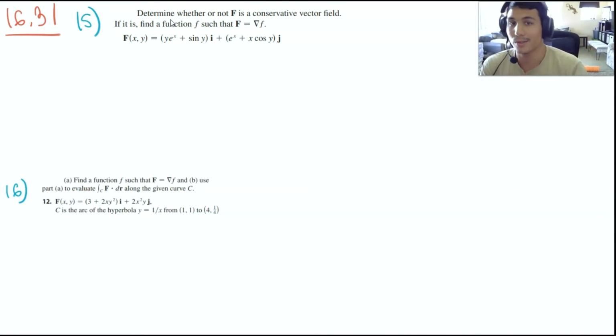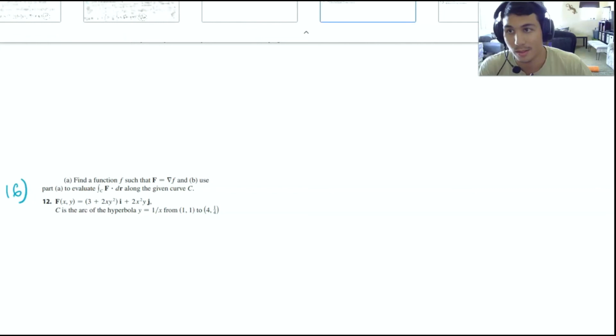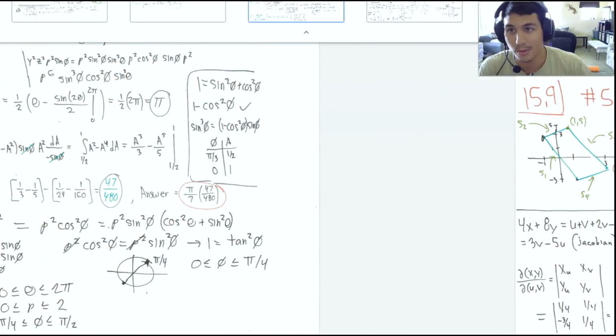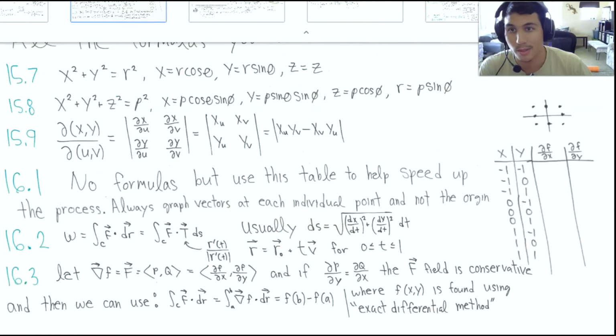Okay, so now we need to figure out if a vector field is conservative. Now, we do know a vector field is conservative if, let's go to our notes real quick. Should be on page 2.